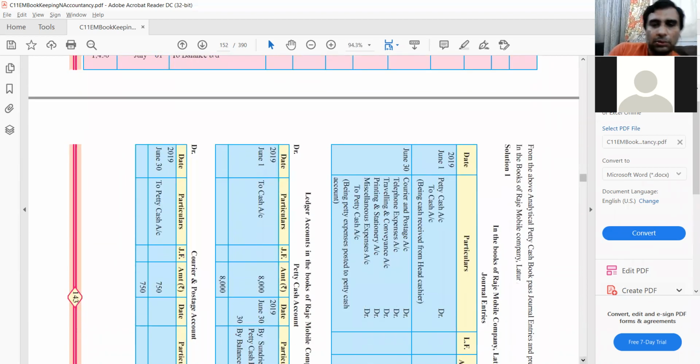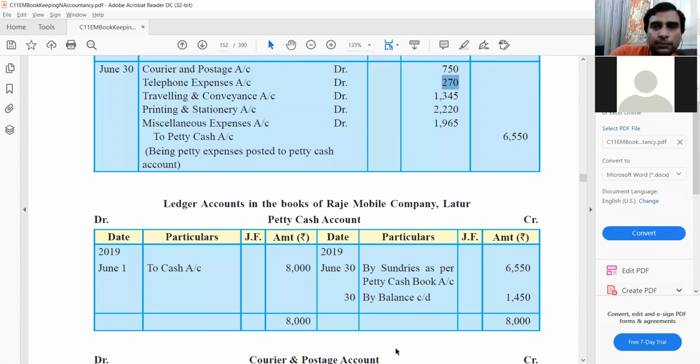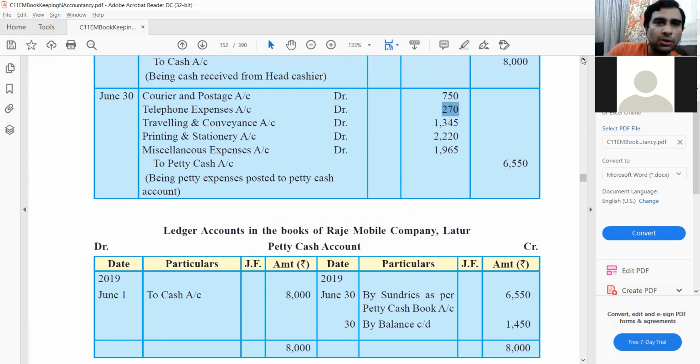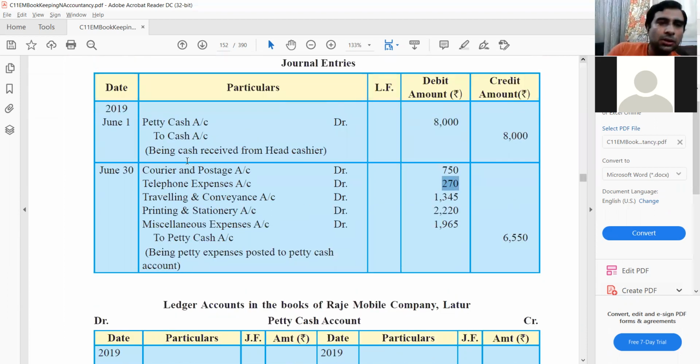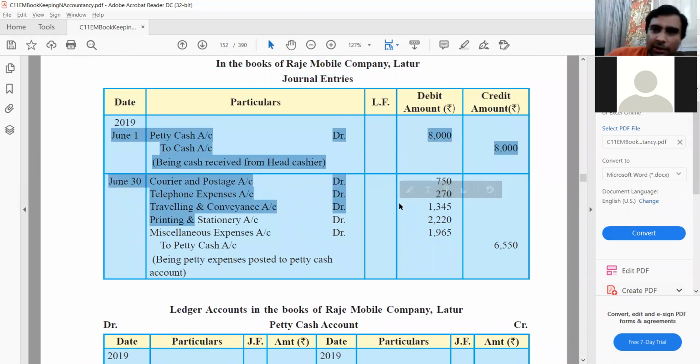750, 250, 1345, 270 and this. So this is expenses, debit all expenses and credit what goes out, which is cash. So you will only pass two main journal entries at the end of the month.